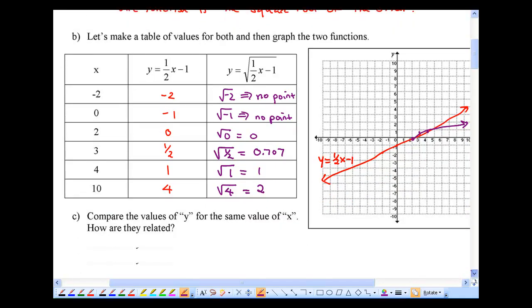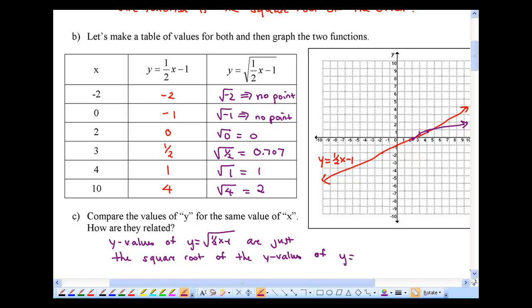Part C says compare the y values and how are they related. Well, once again, it looks like the y values of the square root one are just the square root of the original y values, or the y values of this graph, y equals 1/2 x minus 1.